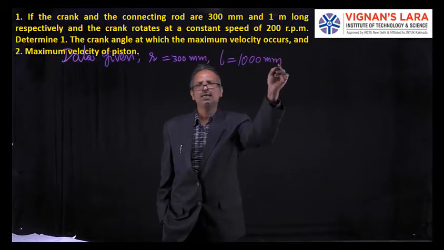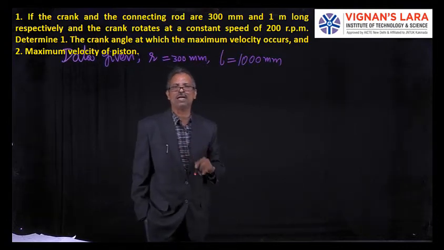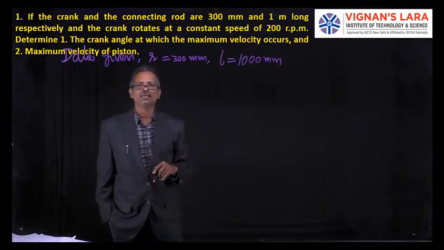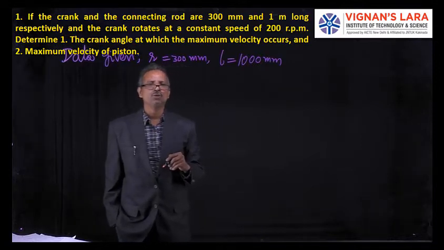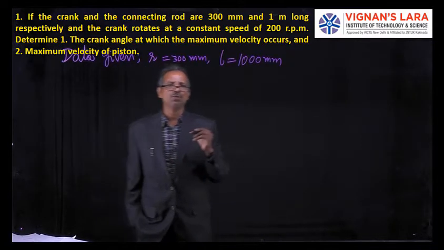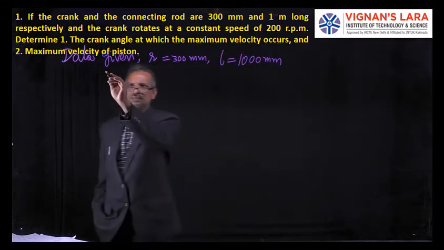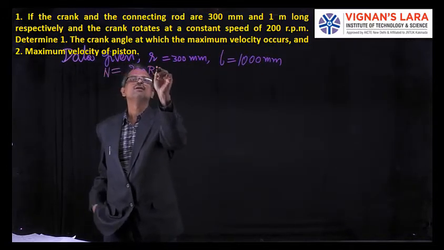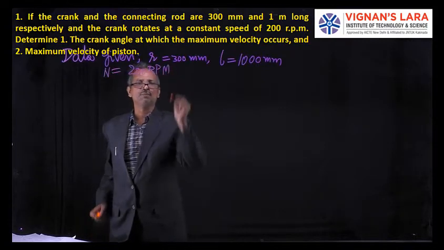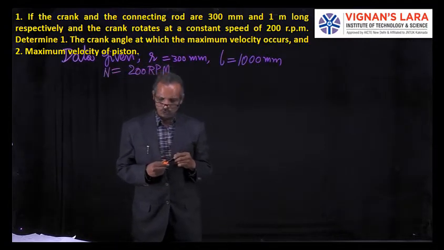You can write either in meter or mm, but follow one pattern. Then it rotates at a constant speed. The speed n is 200 rpm. Then what are you supposed to find out?